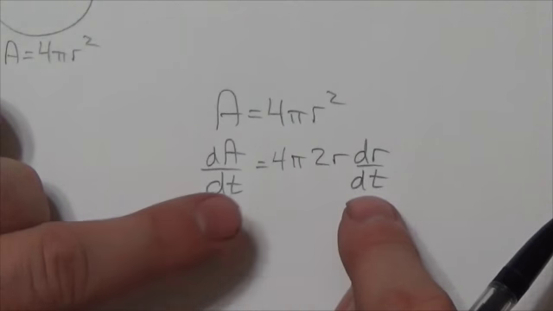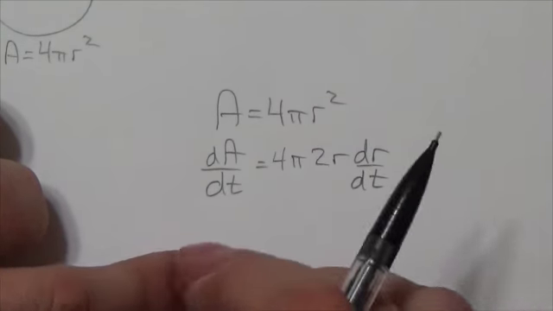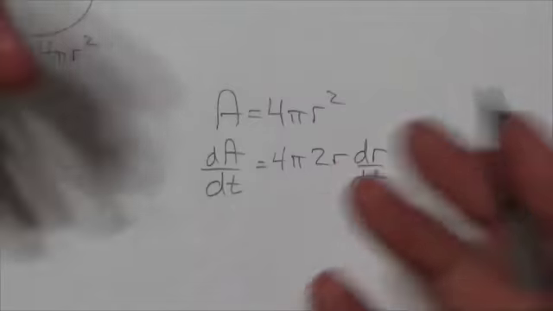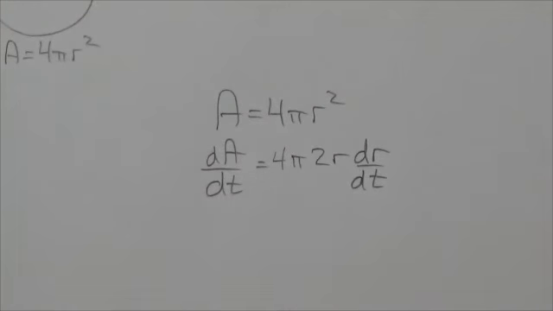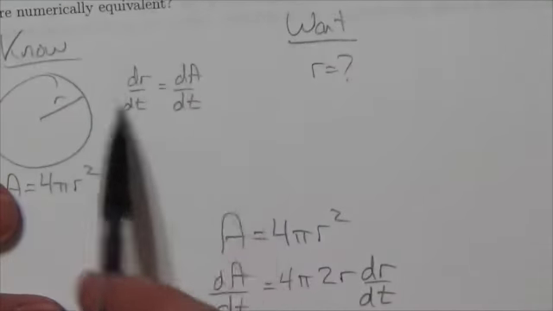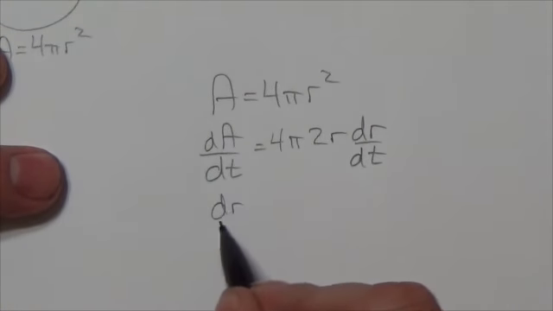In this case, we know that these two expressions are numerically equivalent, meaning I can divide both sides, for example, by the derivative of r. Actually, it might make more sense, just so that everybody follows along, if I perform a substitution here. I will let dA by dt simply be dr by dt.